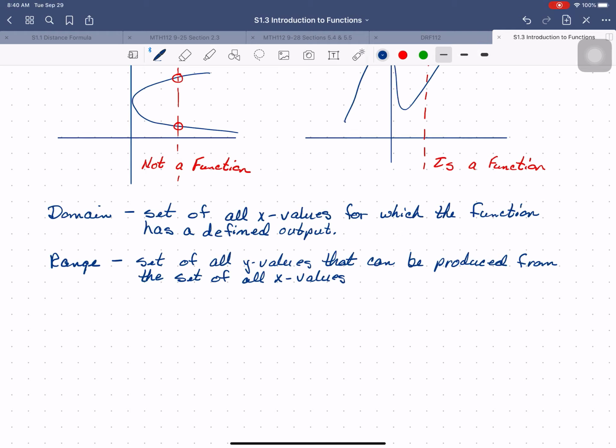Okay. Now when we start talking about functions, we tend to start using names. So we'll say the function f. Don't let that throw you. That's just a way of giving a name to this function.